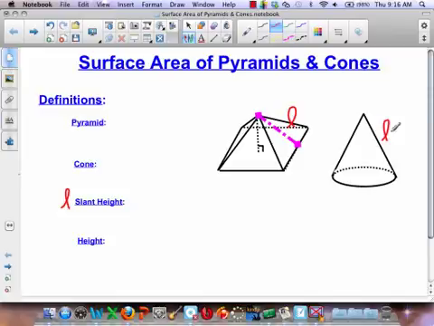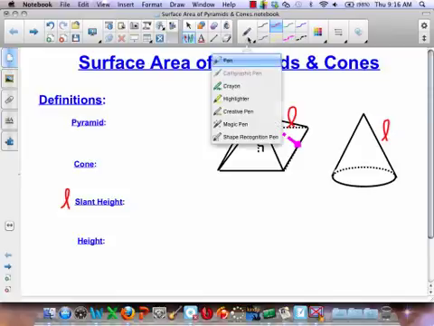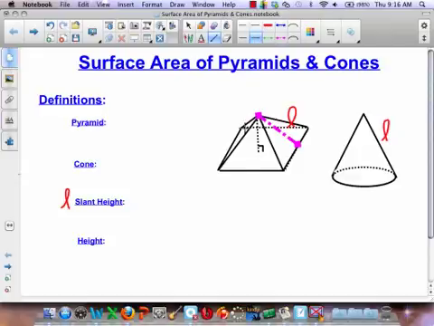Now, I want you to notice if I draw this, what type of triangle did I just create? A right triangle. So a lot of times, if I know my side length, this value right here is half the length of my side.